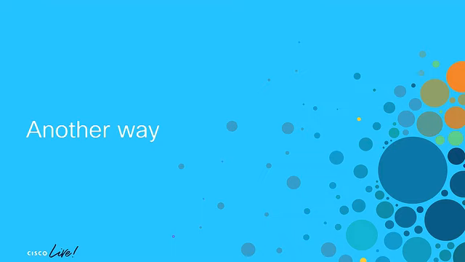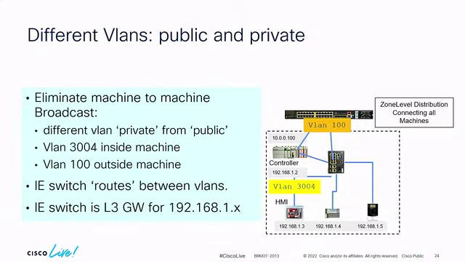There are multiple ways to do this. This is the way that I have found to be the easiest to configure and get customers to transition to. As the network administrator, you have control over what the VLAN is coming in and out of the machines. Earlier we used VLAN 3004.